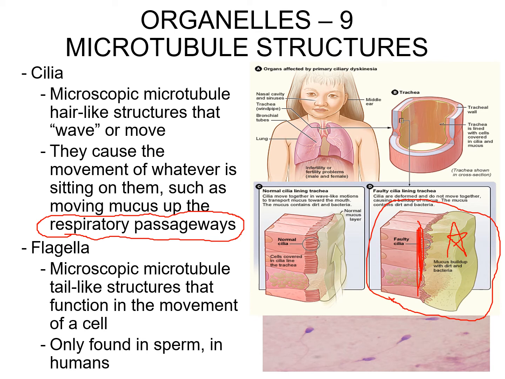So cilia are very important to avoiding bad things getting into our lungs, because really the only thing getting into our lungs should be air. If you swallow water or food and it goes down the wrong pipe, the reason we cough so violently is because the cilia are irritated and know that stuff shouldn't be there, so they cause that cough reflex.